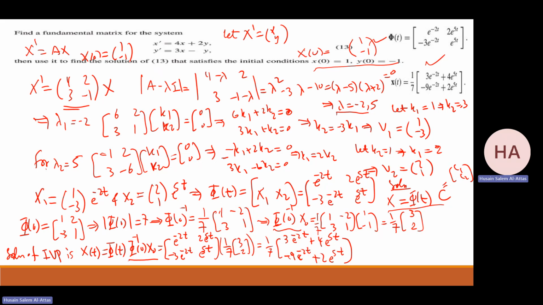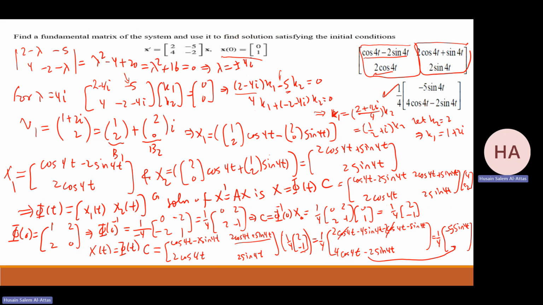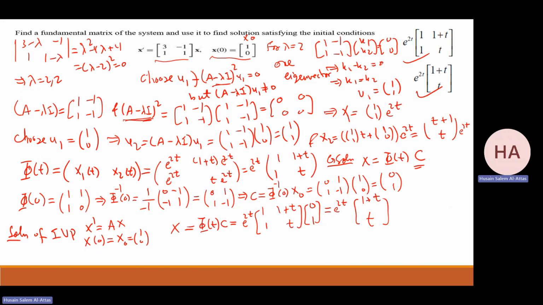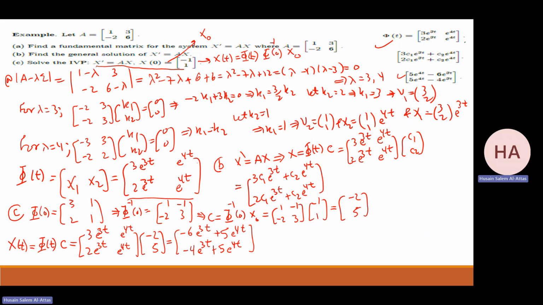To find phi of t, you need to solve like in chapter 7. We did different cases where we have real distinct, not real, and repeated eigenvalues. I think that will make it very clear.